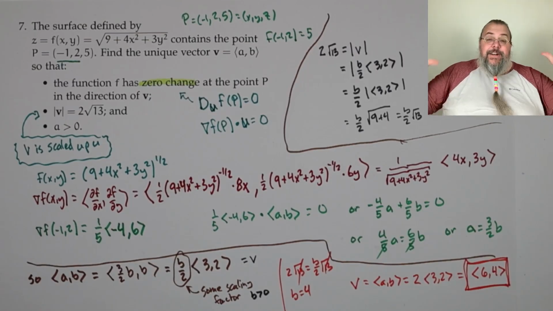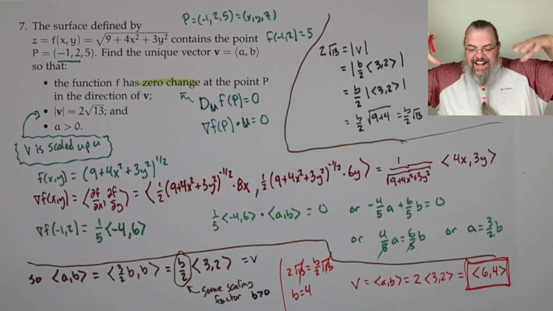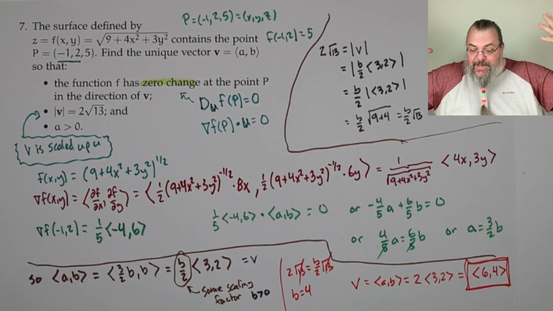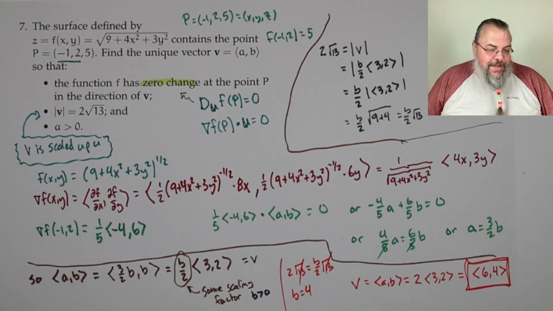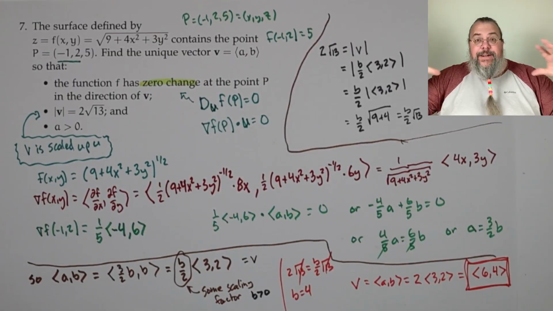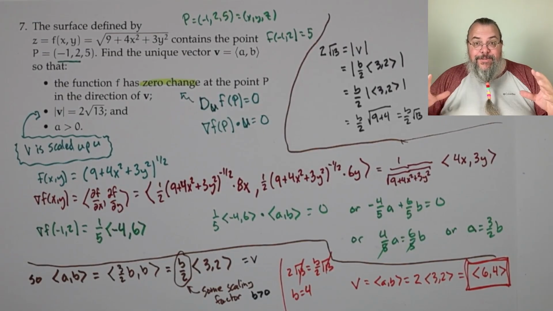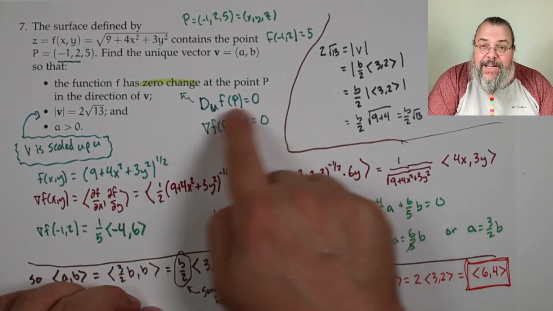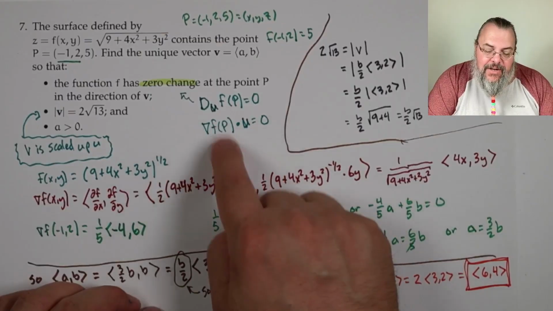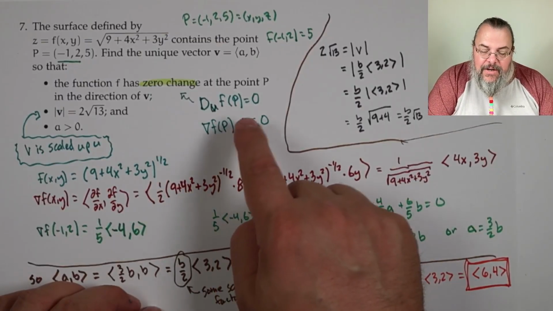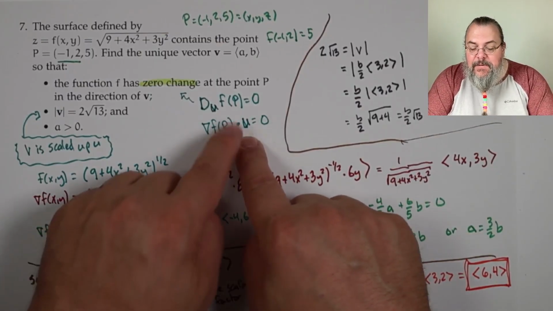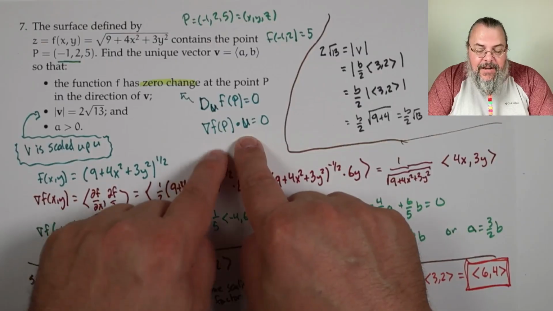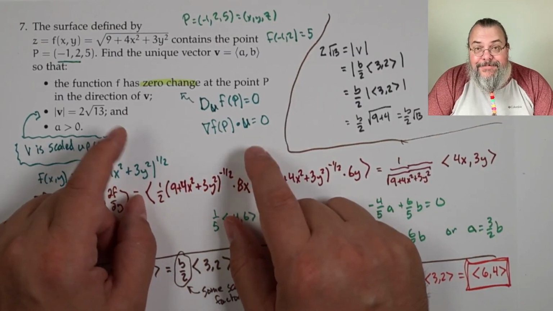All right. Now, I know, even as I look at this, oh my gosh, there's a lot of stuff written down here. But actually, it's not too bad. What are the keys? Here's the big key. It all boils down to recognizing this. You need that the gradient dot the direction of v, so you can even put in v here, gradient dot v has to be 0.